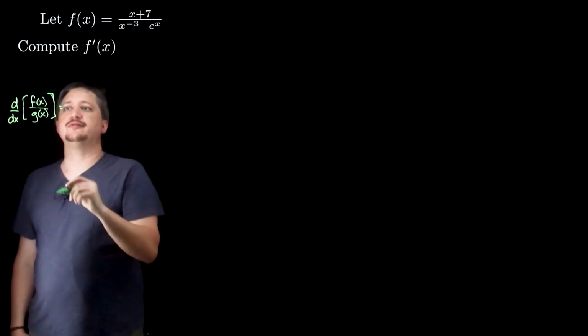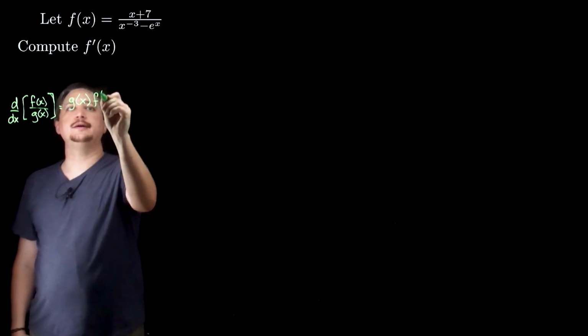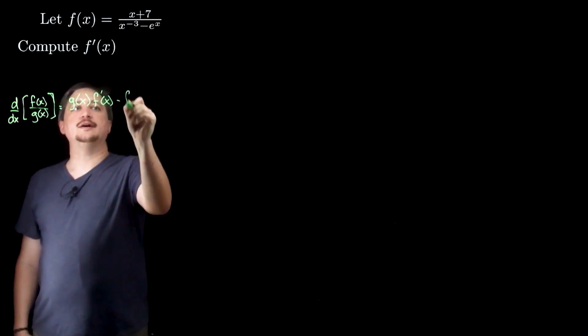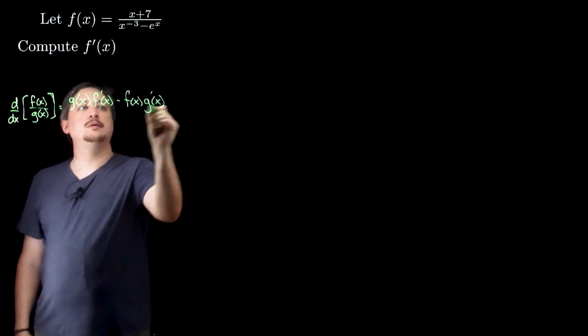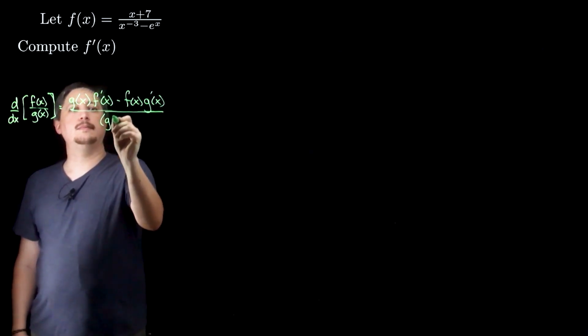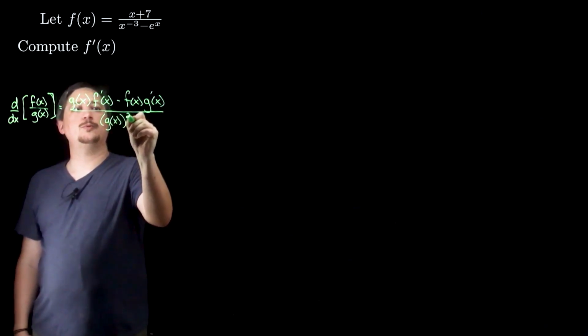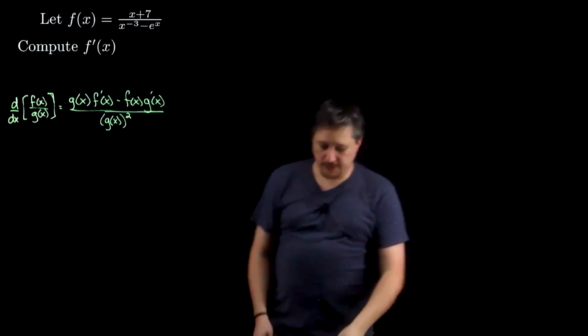So you have a reference. So this is going to be low d high minus high d low all over bottom squared.